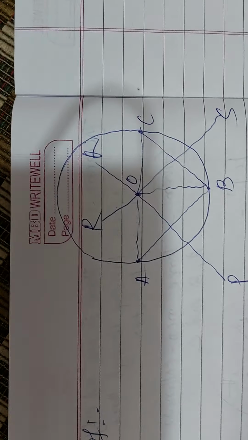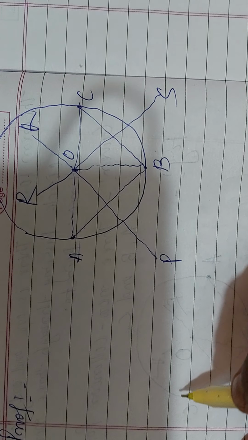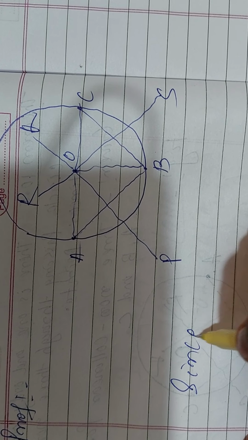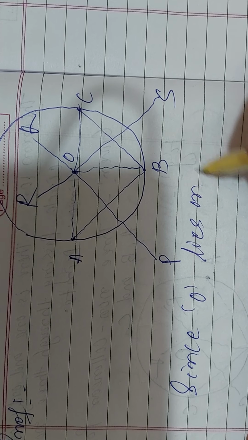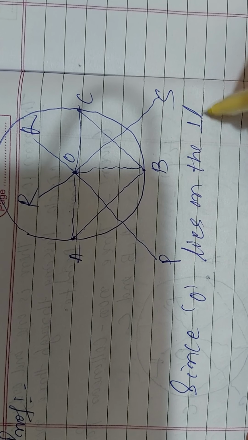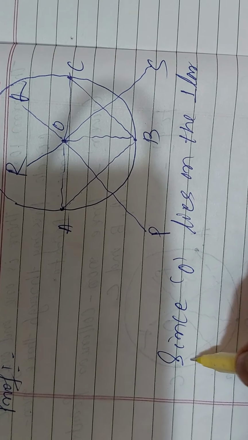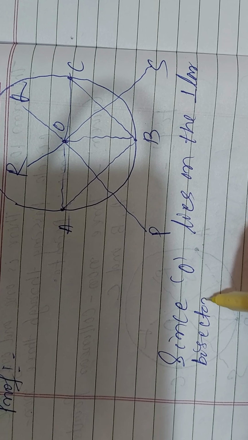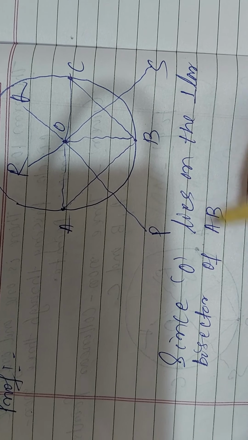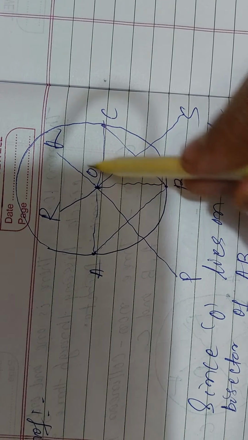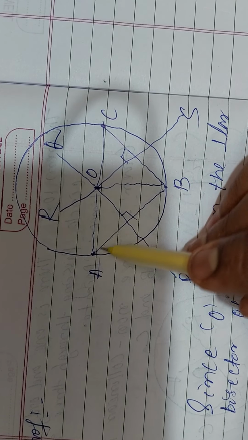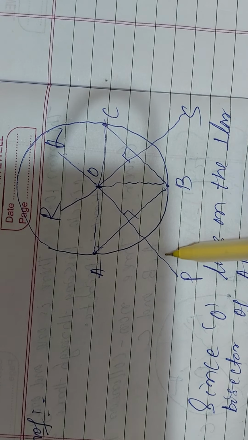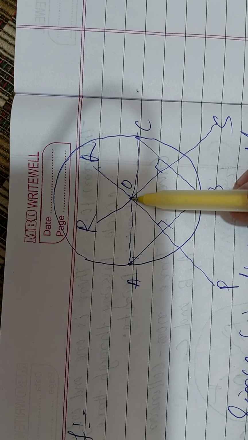Let us prove now. Since O lies on the perpendicular bisector of AB, PQ is the perpendicular bisector of AB and O lies on it.